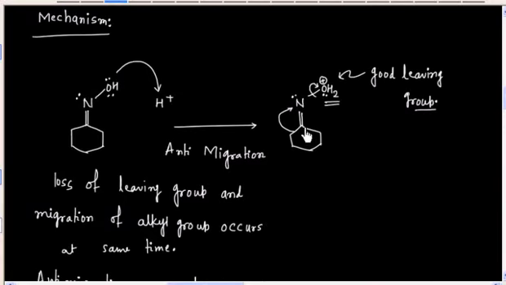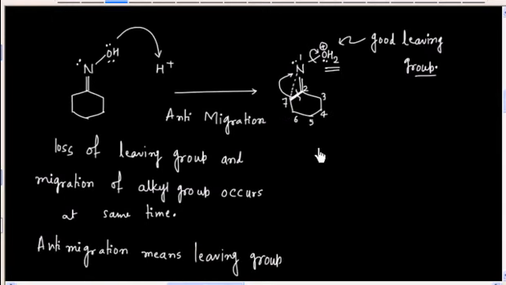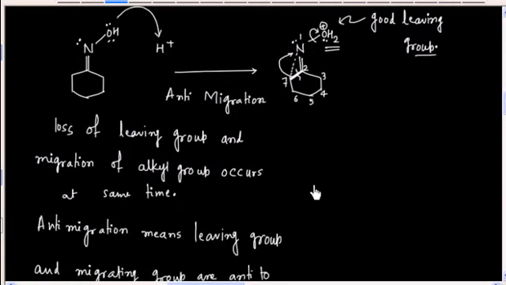So in this case, we are migrating this bond. That is, we are connecting nitrogen to this carbon. This bond is broken and connected to nitrogen. So we will have a 7-membered ring containing nitrogen.